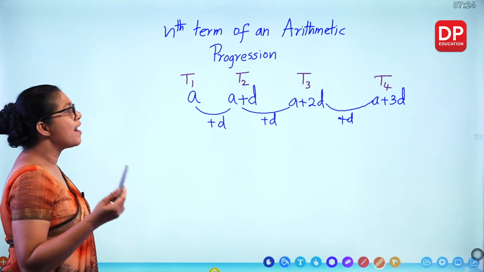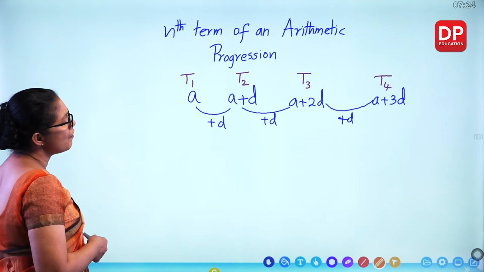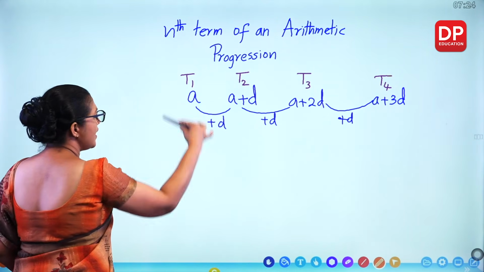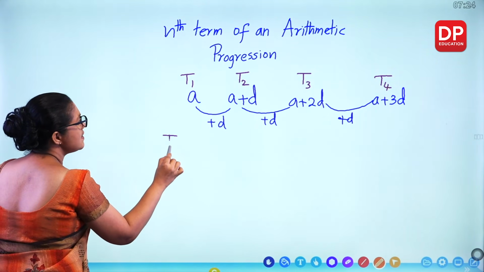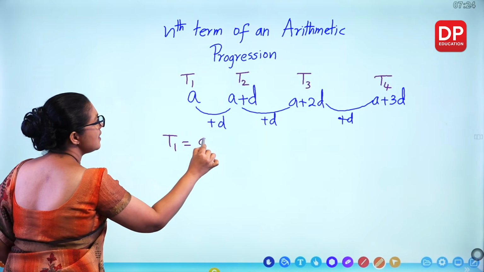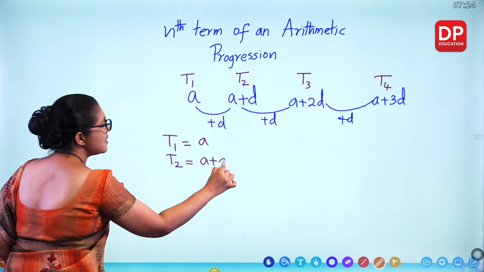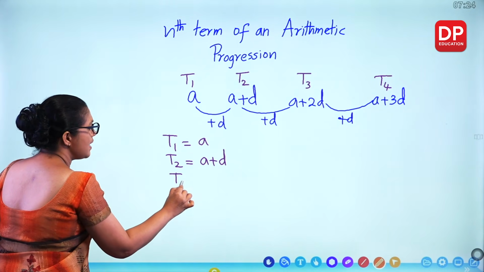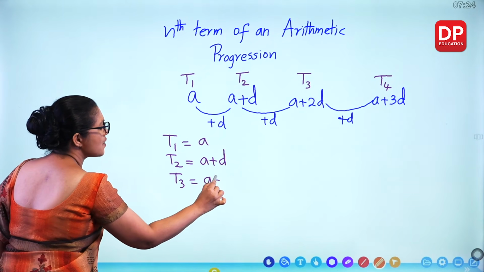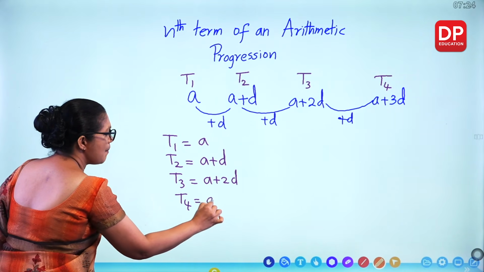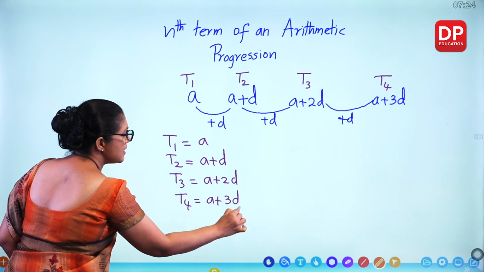We call it nth term. So, we will try to find out a pattern. I'll write the other way around, then you can easily see a pattern. T1 is A, T2 is A plus D, T3 is A plus 2D, T4 is A plus 3D.